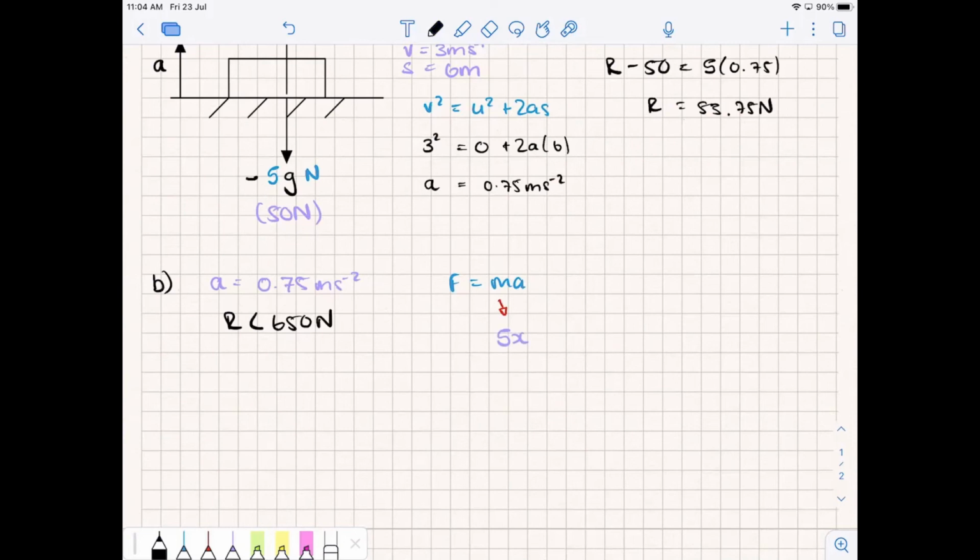My net force is going to be a sum of all my forces. So my reaction force is still just R, take away the downward force from the weight of the blocks. The weight of the blocks is 5 times the number of blocks times the gravitational constant.